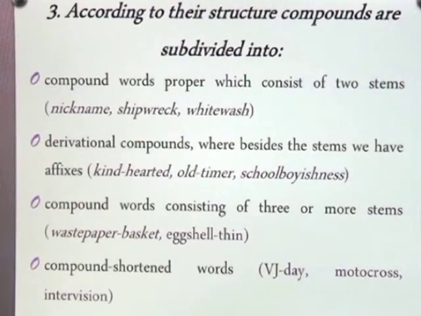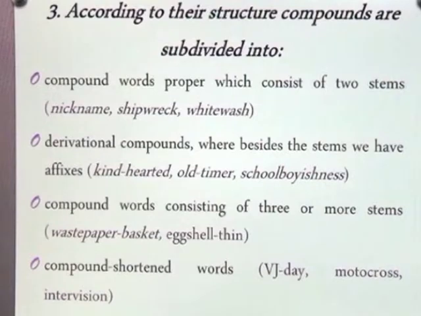Next, classification according to their structure. Compounds are subdivided into compound words proper, which consist of two stems: nickname, shipwreck. Derivational compounds, where beside the stems we have affixes: kind-hearted, old-timer.